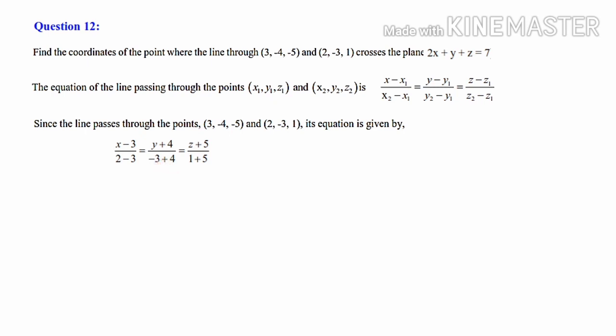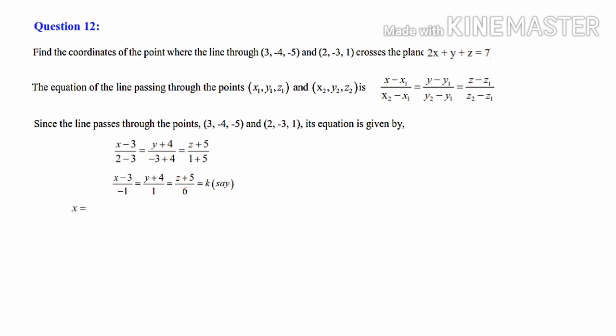Z minus z1, in the sense z minus minus 5, z plus 5, divided by z2 minus z1, 1 minus minus 5, that is 1 plus 5. So x minus 3 divided by 2 minus 3 is minus 1, y plus 4 divided by minus 3 plus 4 is 1, z plus 5 divided by 1 plus 5 is 6, equal to k. K is a constant because their ratios are equal.